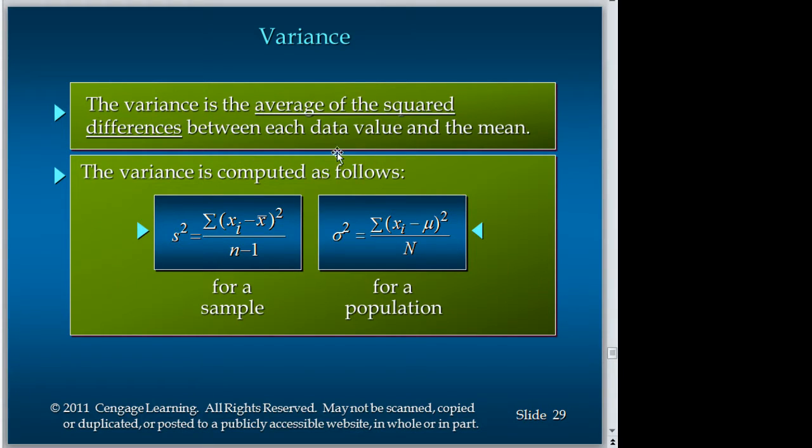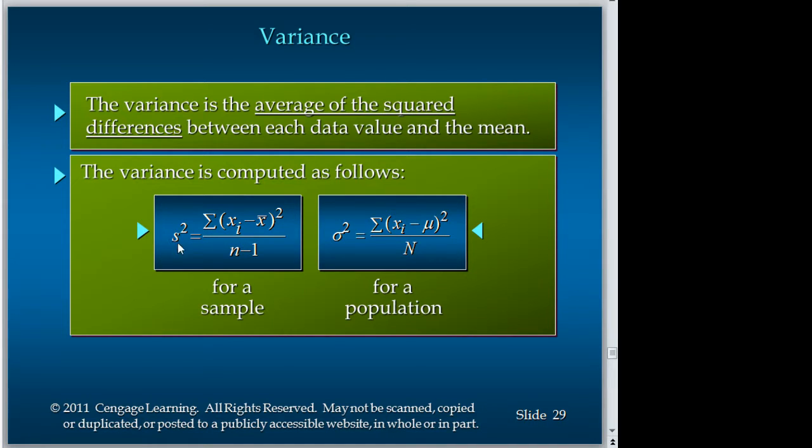These are the formulas for variance. You can write down this formula first, right? This is for sample, this is for population.